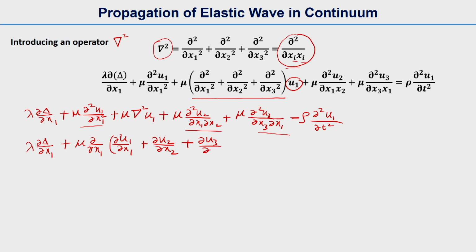What we did is combine this term and this term, and we are left with one more term, rho times the second partial of u1 with respect to t. As you know, these are the definitions. So again we want to simplify.